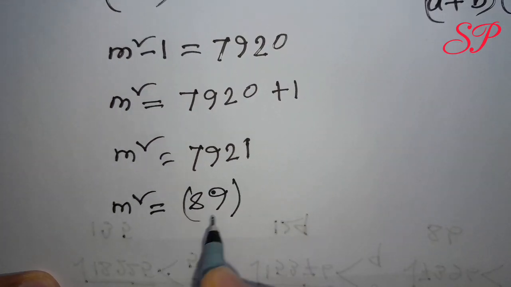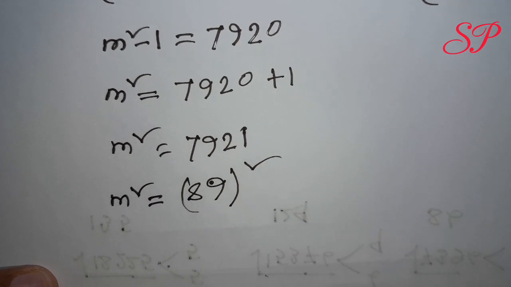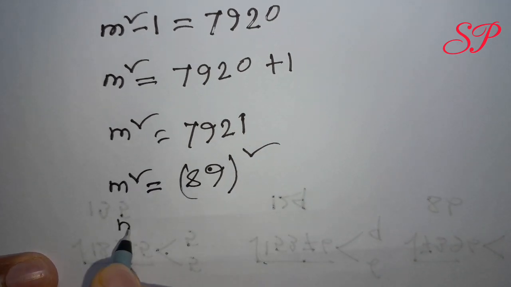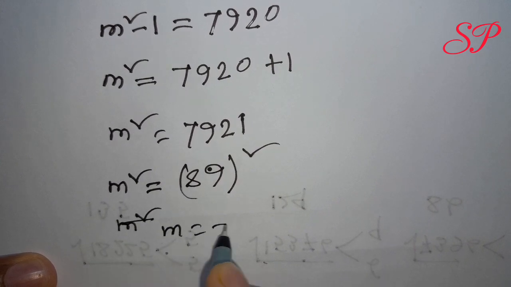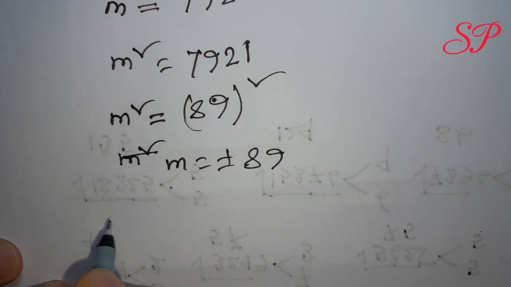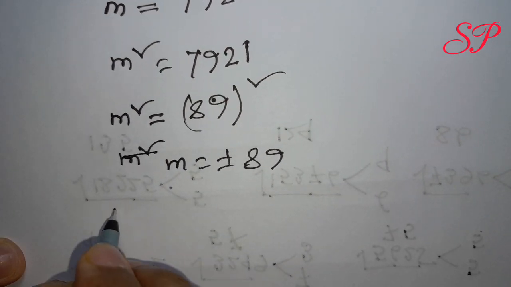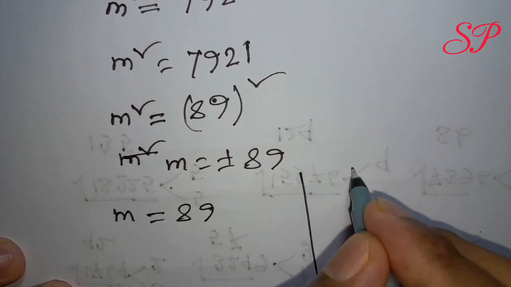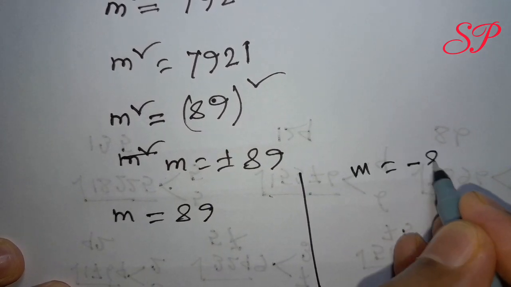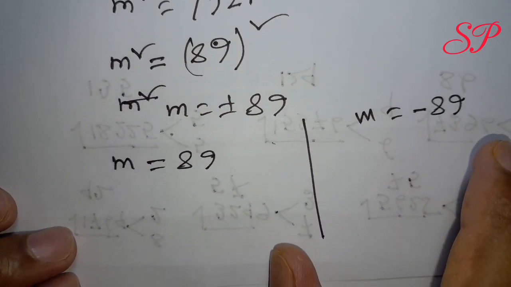Okay, we know m square is equal to a perfect square, and m is equal to plus or minus 89. Then we can write m is equal to 89 or m is equal to minus 89.